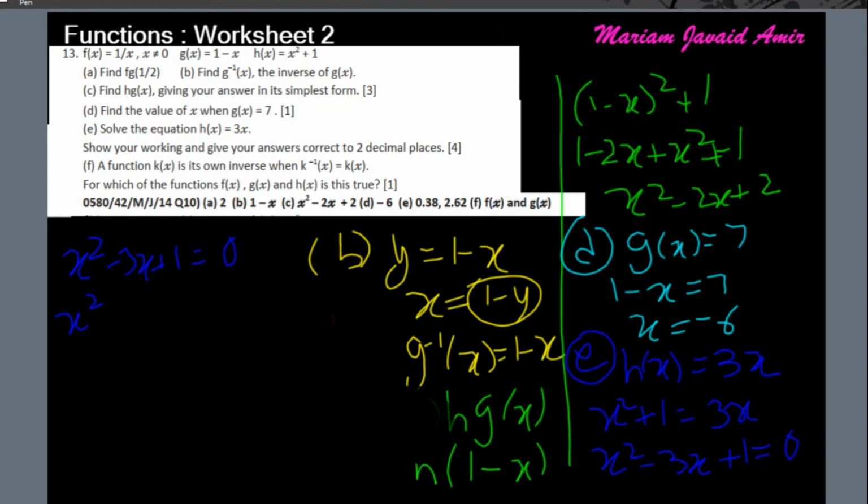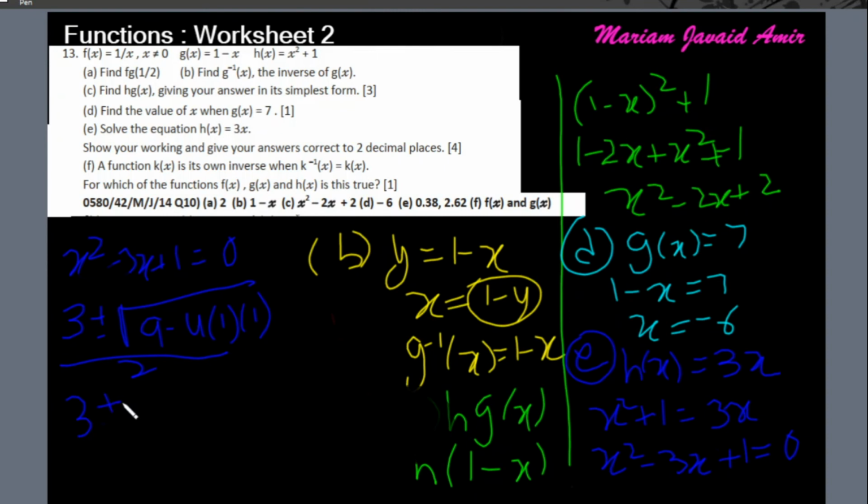Okay, not by factorization. The question says give your answer correct to 2 decimal places. So we need to use quadratic formula. Besides, this can't be done using factorization anyway. So minus b plus minus root of b square minus 4ac over 2a.